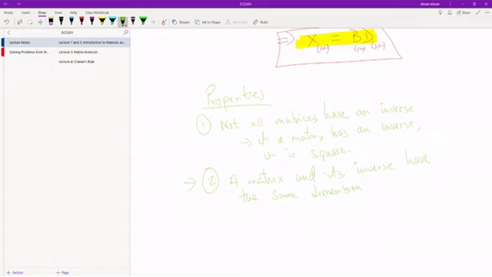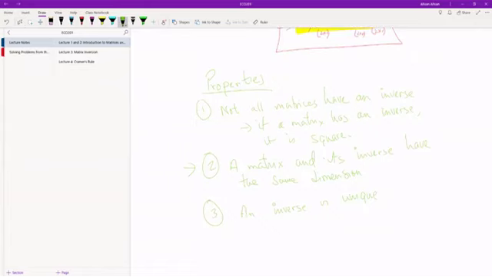It's quite interesting. And the third one is that an inverse is unique. What that means is that if a matrix has an inverse, it is unique. A matrix cannot have more than one inverse. All right.